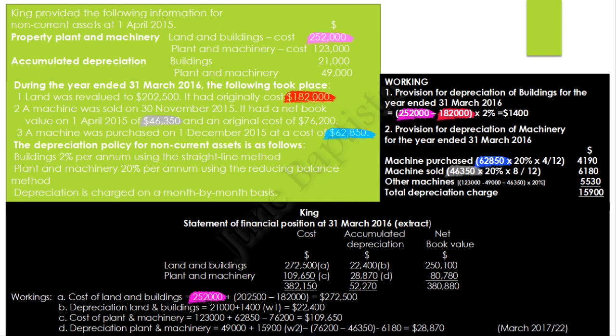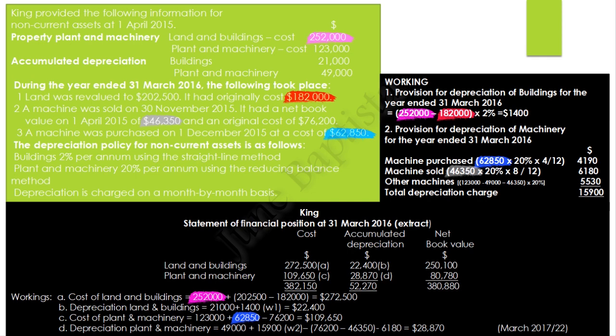Working C. Cost of plant and machinery is equal to $123,000, which was the original cost, plus $62,850, which is the cost of the machinery purchased, minus $76,200, which is the cost of the machinery sold, to give us $109,650.